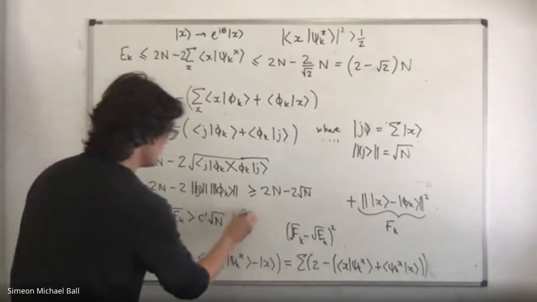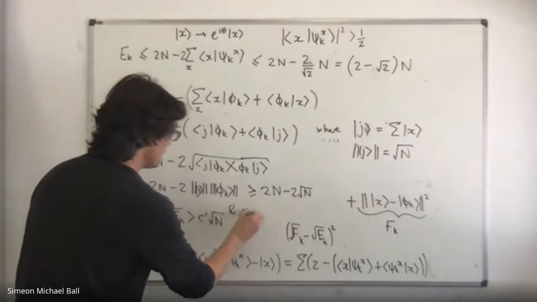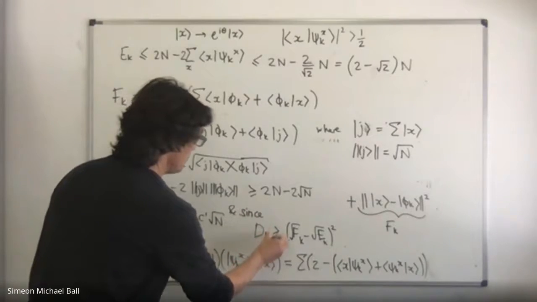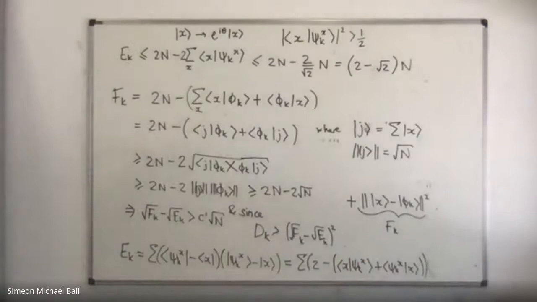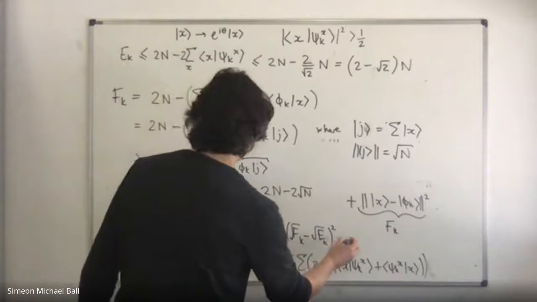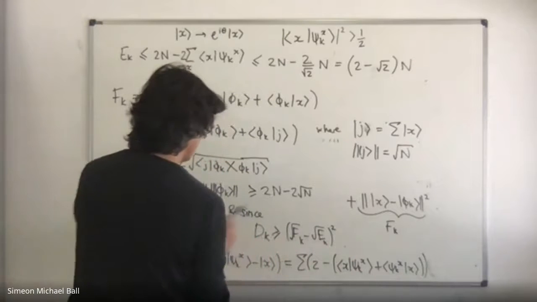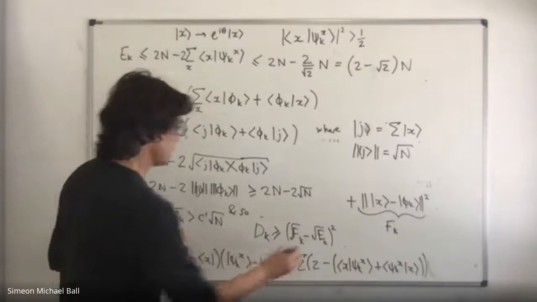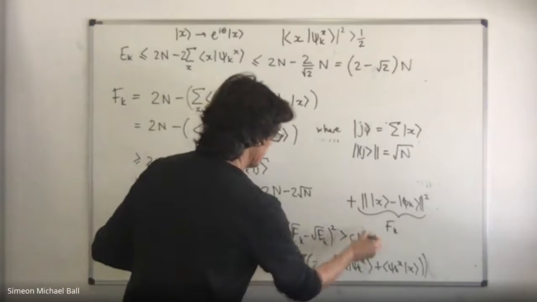And since dk was bigger than, what was it, 4 times? Yeah, I think that's bigger than. And so dk, which is bigger than the difference of that square, is bigger than some constant times n.